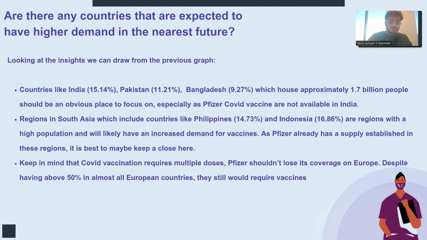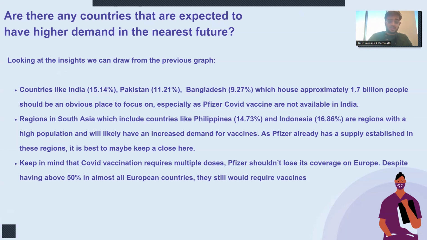Secondly, regions in South Asia, which include countries like the Philippines and Indonesia, with 14.73% and 16.86% vaccination coverage, are regions with a high population and will likely have an increased demand for vaccines. As Pfizer already has a supply established in these regions, it's best to keep a close eye out here.